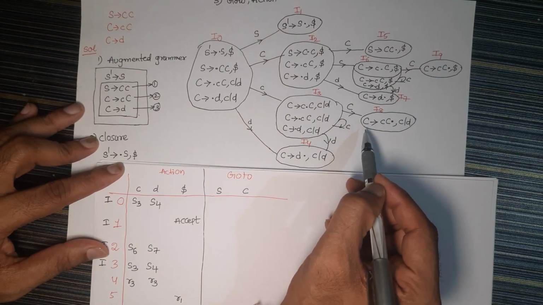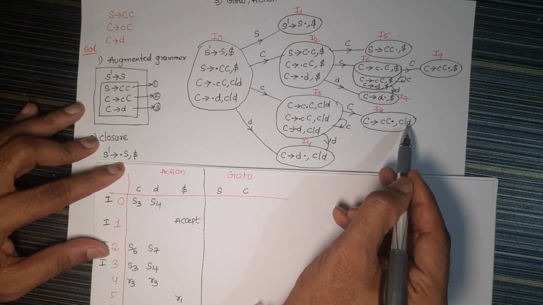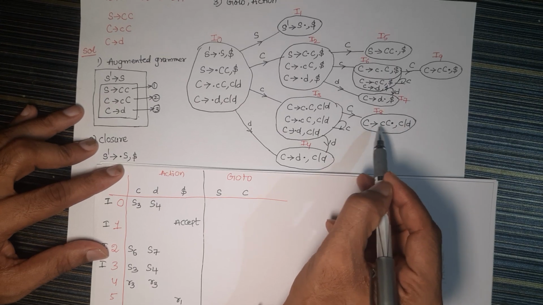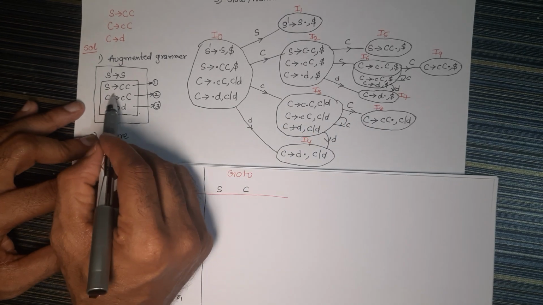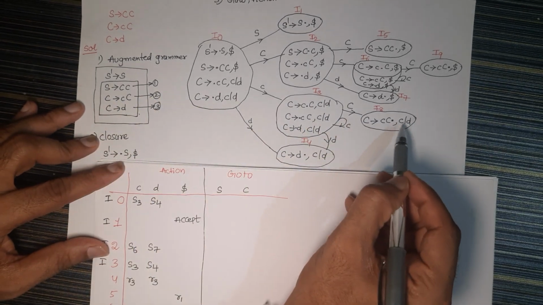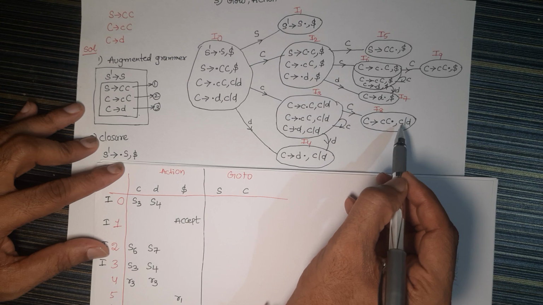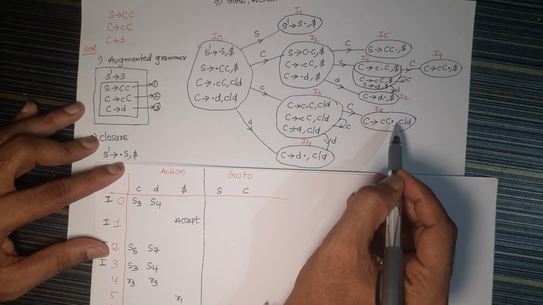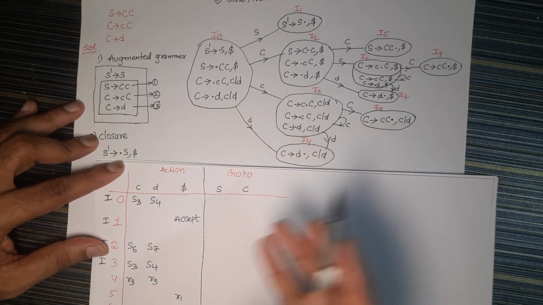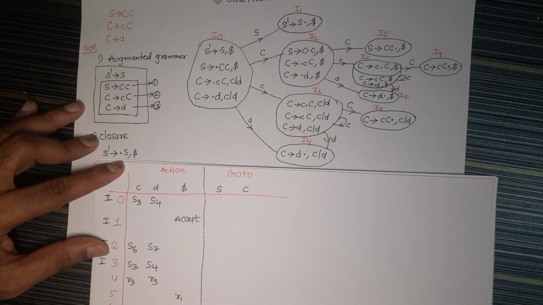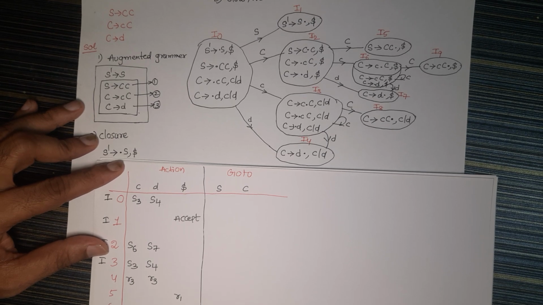C tends to CC dot, look ahead C by D. This production is number 2. But the look ahead symbols are C by D. So in I8, you write R2 in place of C as well as D.